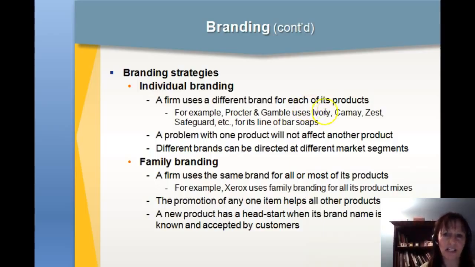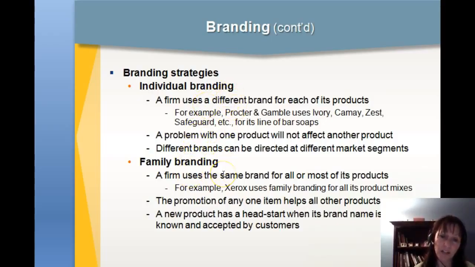So if we were to find out that there was some horrible thing that happened with the Ivory brand, and they found child labor was used to make Ivory or something, it's likely to not have an effect on Camay or Zest or Safeguard, because people don't really put those brands together when a company uses an individual branding strategy.